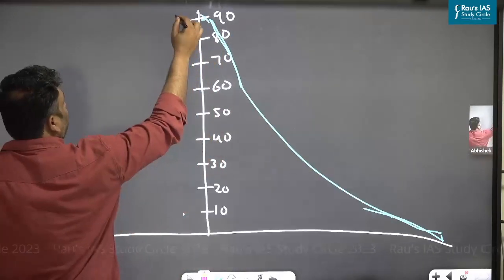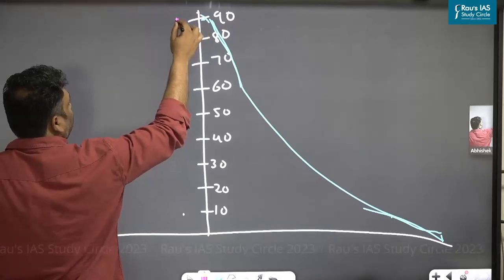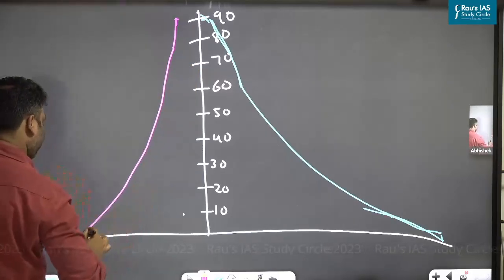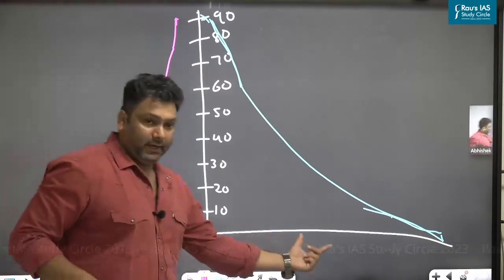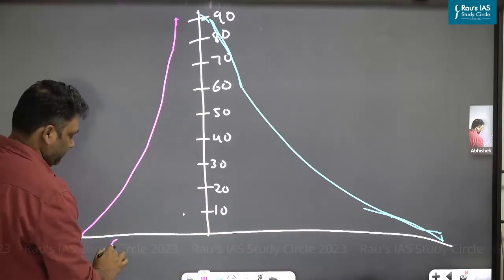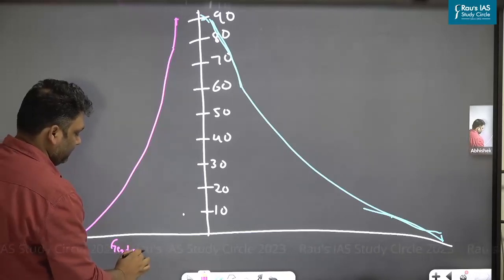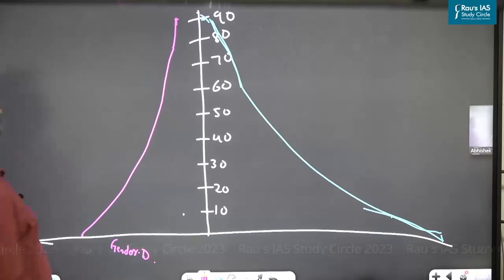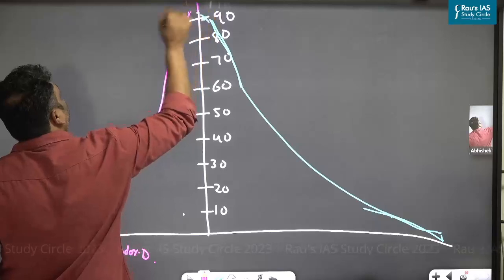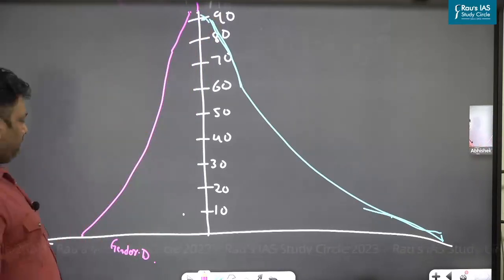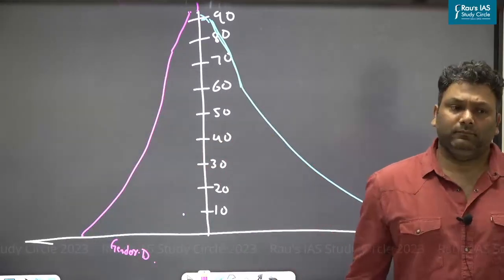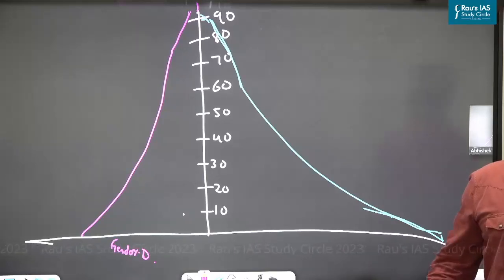And on the side of the women, it should be a little bit larger in the old age, but it should be tapering. In the young age, it is not as broad as men because of gender discrimination. So it will be like a typical pyramid.